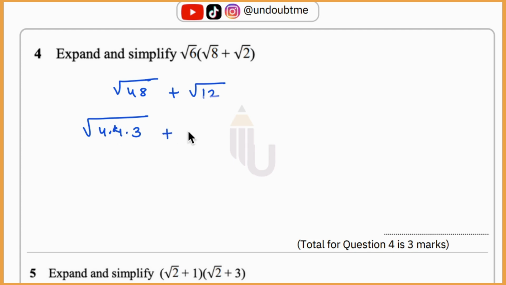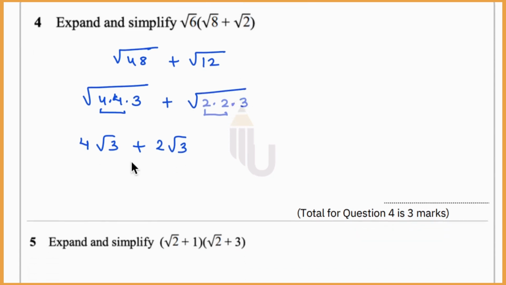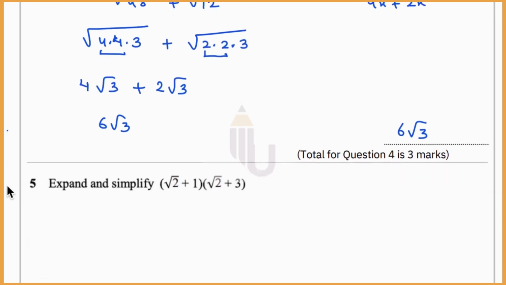And then 12 will be 2 times 3. 4 is a pair number, so it can come out. Root 3 stays in. 2 is a paired number, it will come out. 3 stays in. Now 4 root 3 plus 2 root 3 will be dealt the same as 4x plus 2x, and we will get 6 root 3, and that is our most simplified form. That's the answer. Next question.